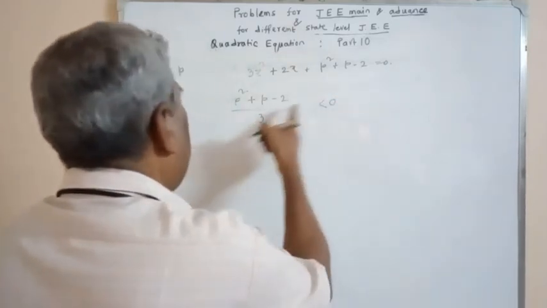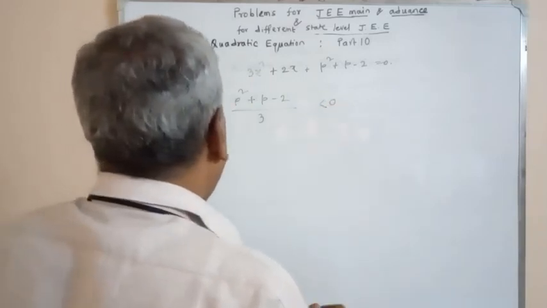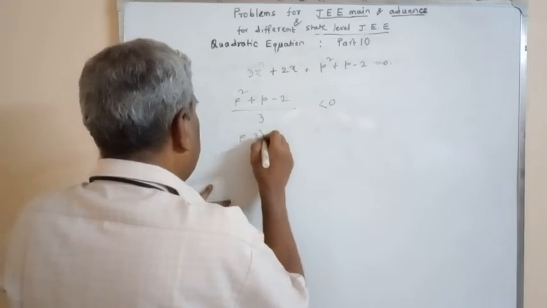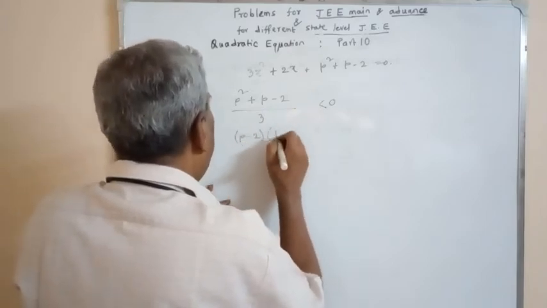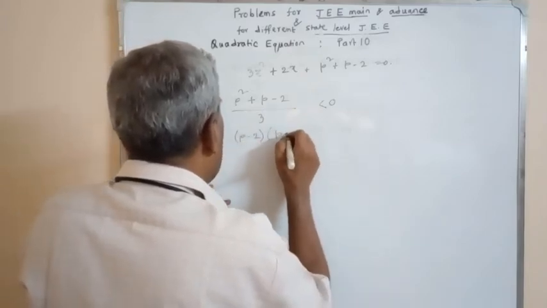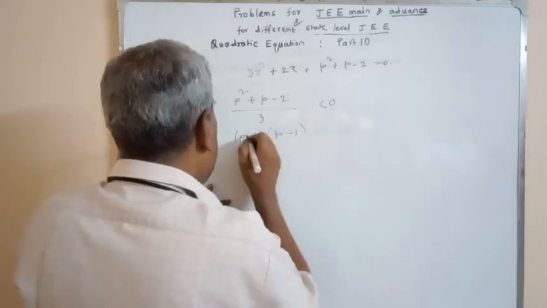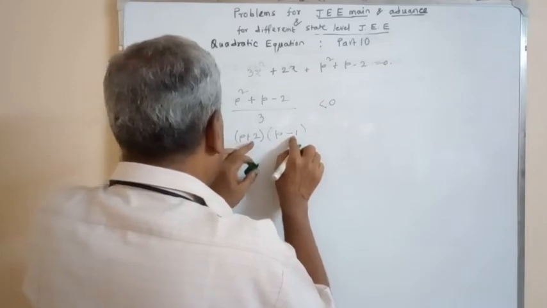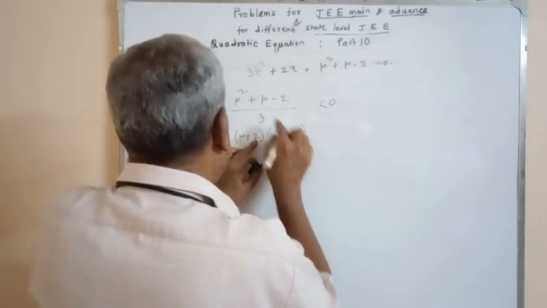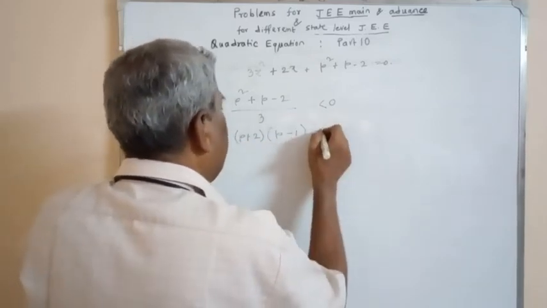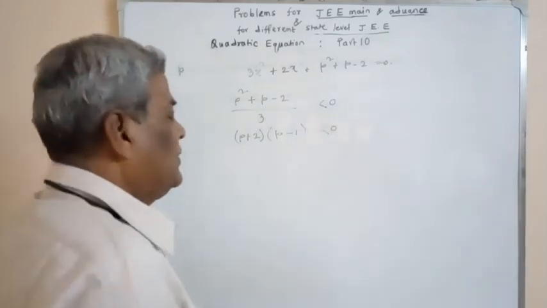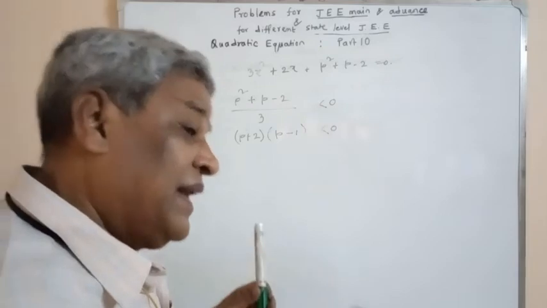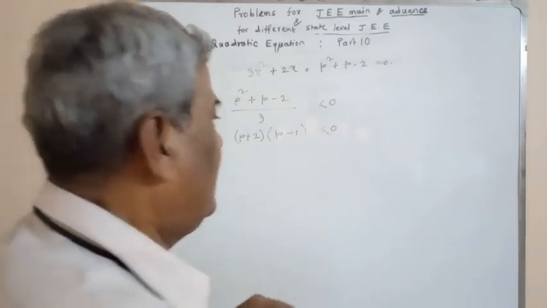Now, 3 will be absorbed here. It is actually equal to p plus 2 into p minus 1, since p square plus p minus 2 factors that way. So this is negative. Under that condition, we have to find the range of p.